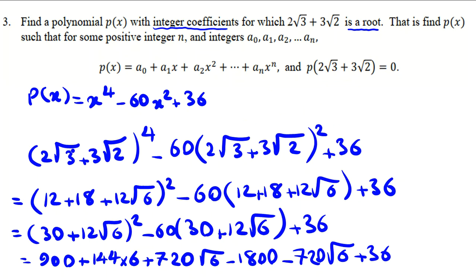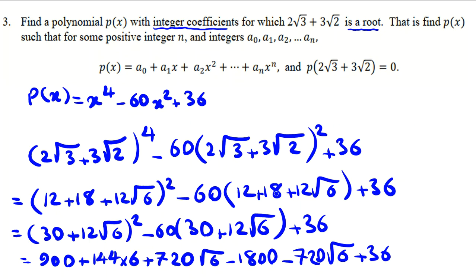The first one squared is 4 times 3, 12. The second one squared is 9 times 2, 18. Plus 2 times first one times second one: 2 times 2 times 3 is 12, root 3 times root 2 is root 6. Again squared because it's to the power of 4. Minus 60 times this squared.